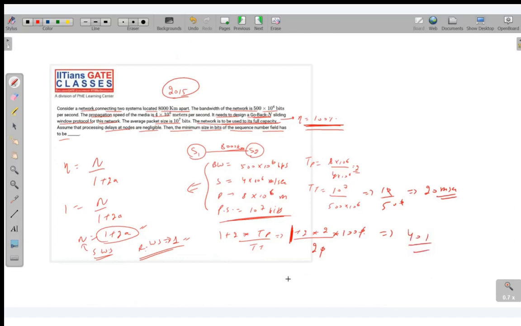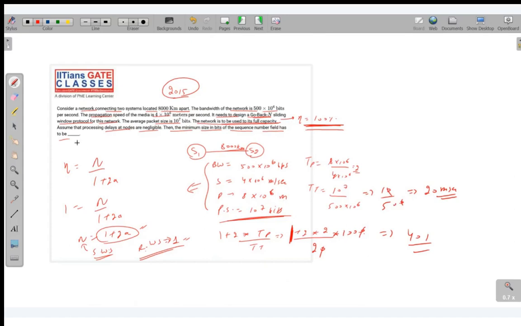Let me see if some mistake is there. We cancelled the 20, and it comes out to be 1 by 50, into 1000. So it should be 20 milliseconds only.